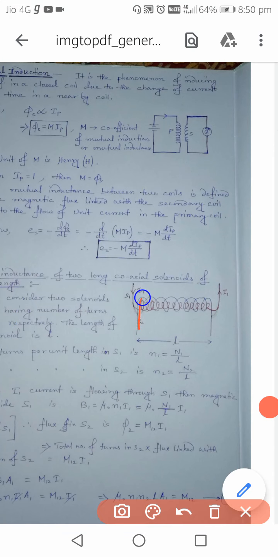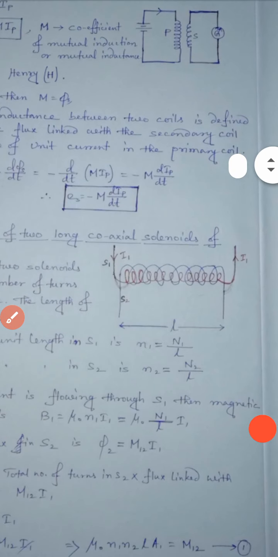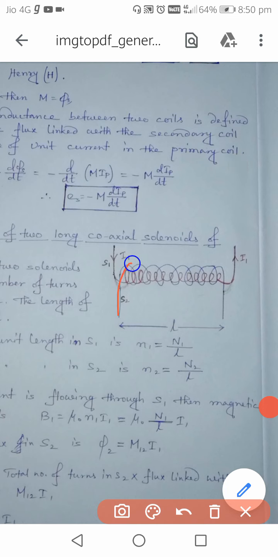One is this one, the bigger one, which I have drawn in blue, and the smaller one is another coil in red. They are coaxial because their axis is the same. This is the axis passing through this line, and this axis is common for both the coils.